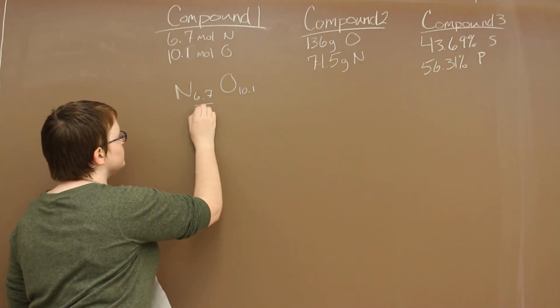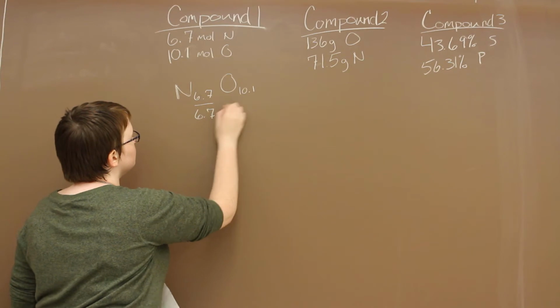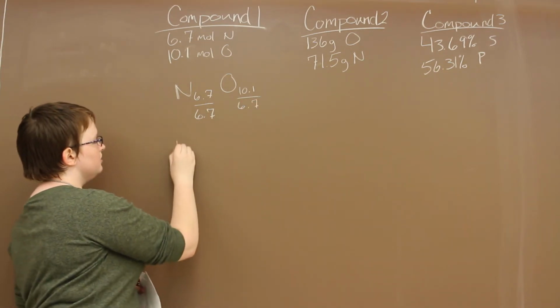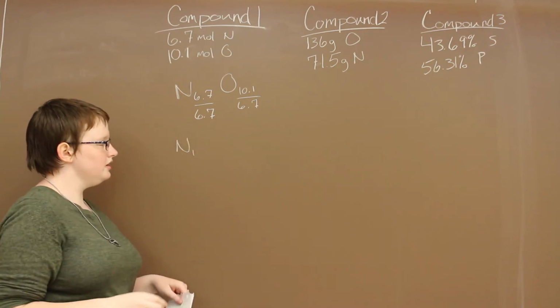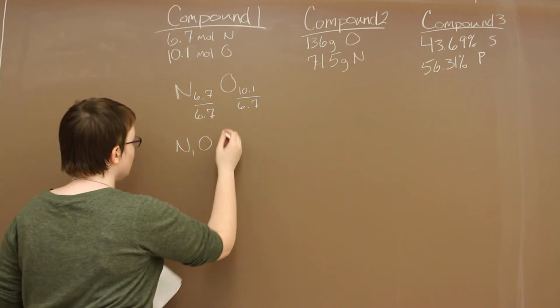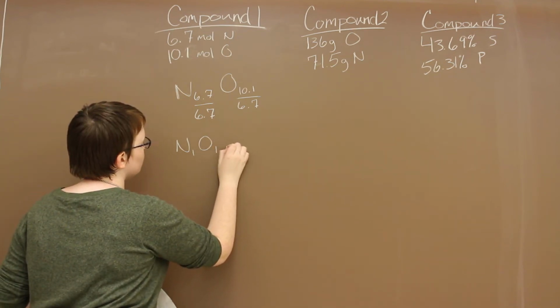So that would be 6.7. So we end up with a subscript of 1 on N, and on O we end up with 1.5.